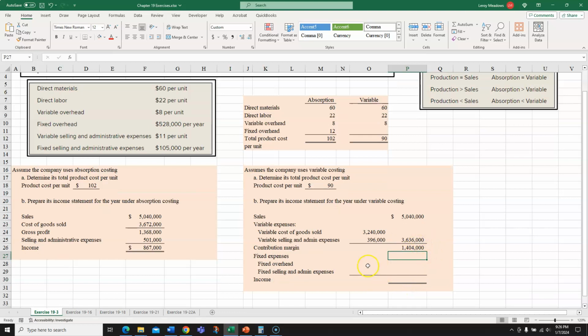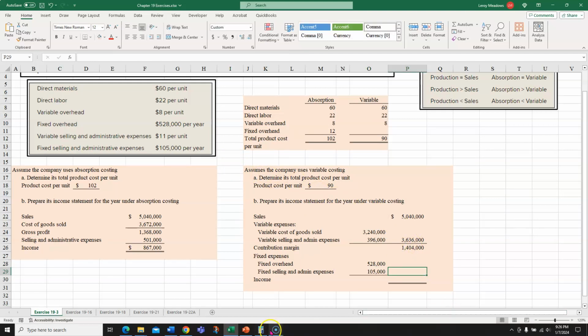Now from there, I'm going to subtract out my fixed expenses. My fixed expenses were $528,000 for overhead, and selling and administrative were $105,000.